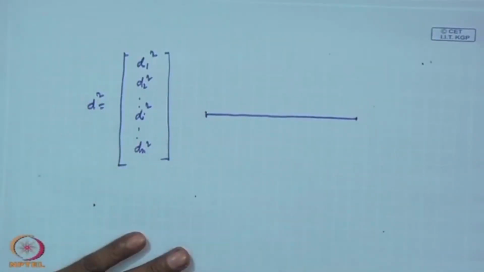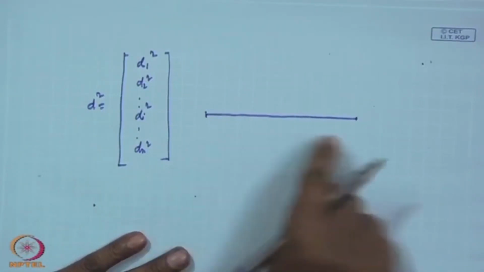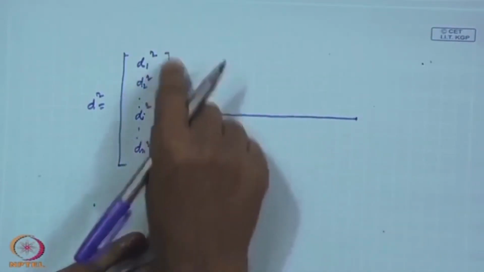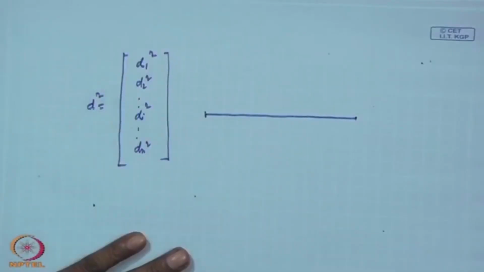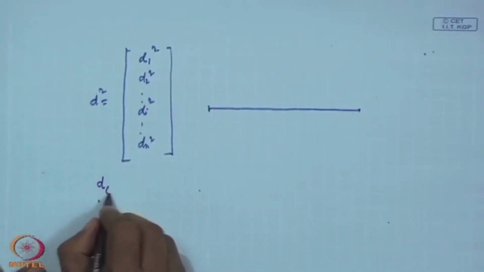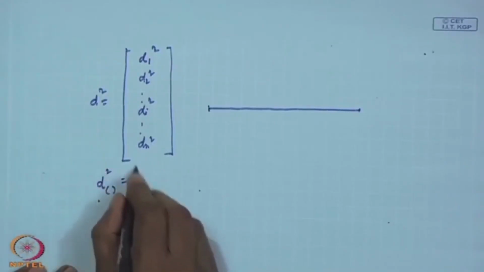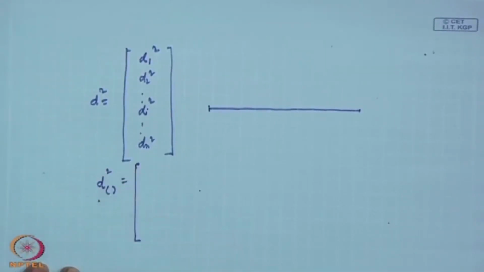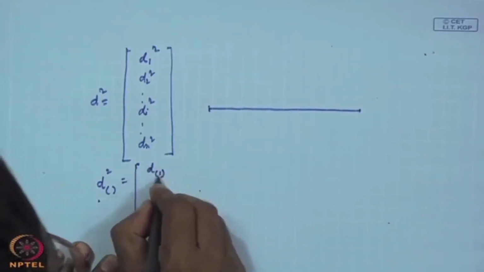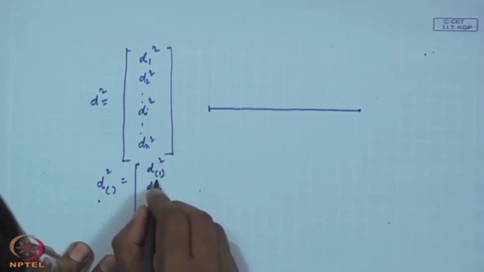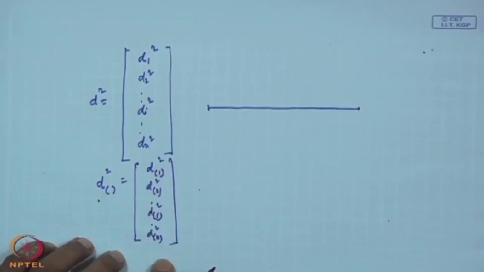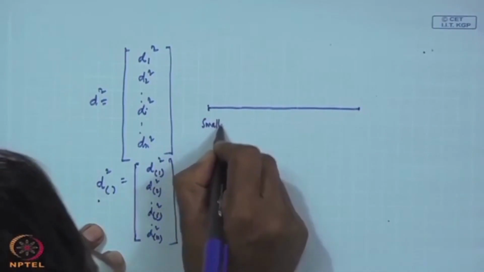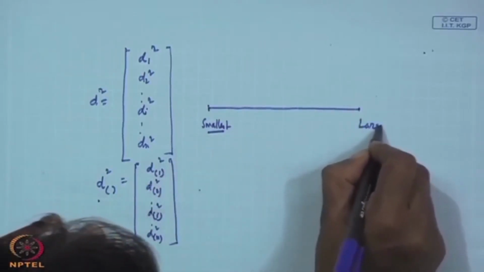Please remember, we say quantile plot. If you require to know the quantile, one of the issues is you have to arrange these observed values in ascending order. So, my ascending data for the distance values are like this, d_(1)², d_(2)², like this, d_(i)², like d_(n)². This is my ordered data. So, you will be having smallest to largest data set.